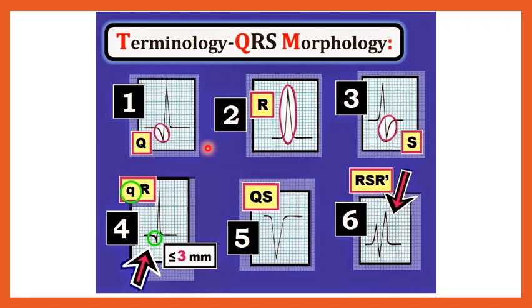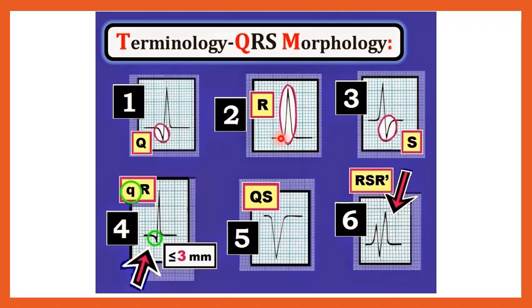So a Q wave is always defined as the first negative deflection of the QRS complex. So if there's no initial negative deflection of the QRS, there's just plain old no Q. Here's an example over here.